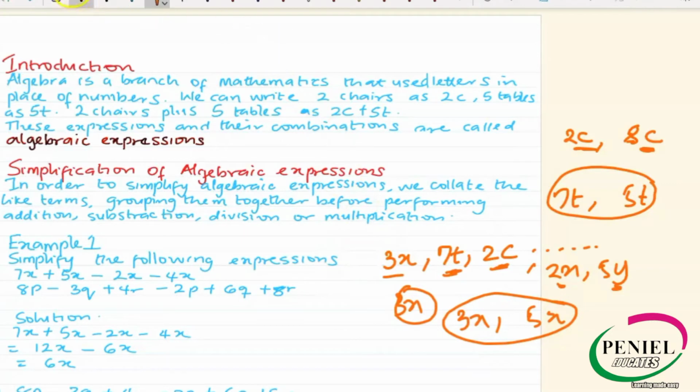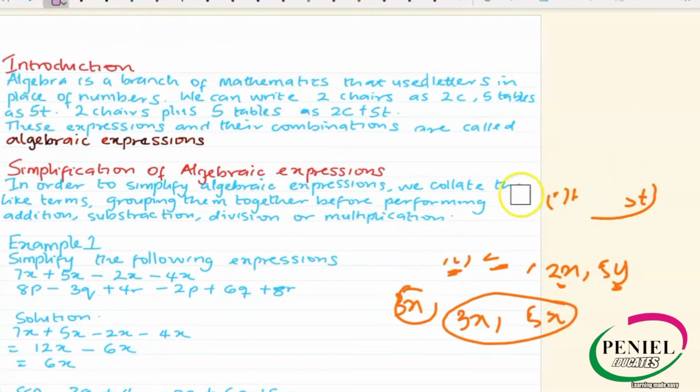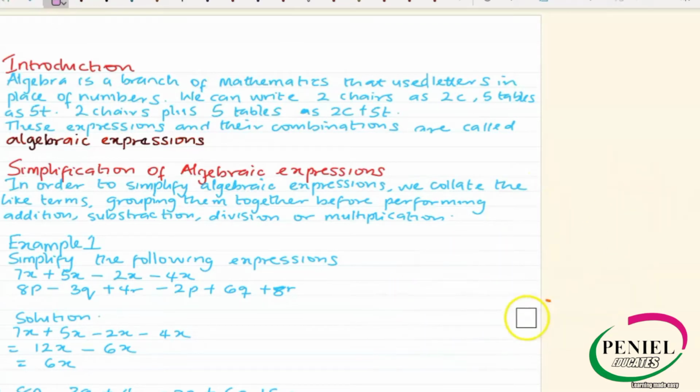So let us quickly look at examples. For example, in example 1 here, we are asked to simplify the following expression. As you can see, we have 7x plus 5x minus 2x minus 4x. What we do here is that 7x plus 5x, they are positive terms.